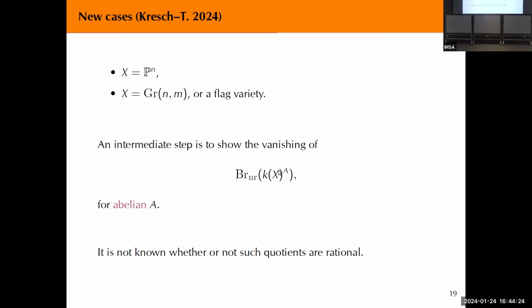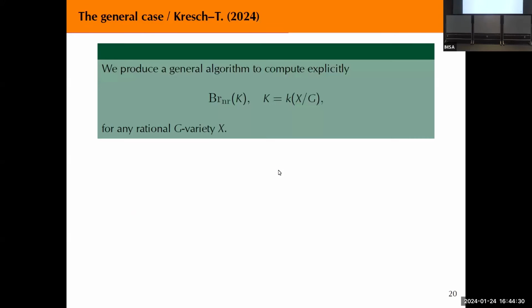I mean, certainly, some of these cases might be accessible to rationality proofs, but I don't know. And so our general algorithm to compute explicitly the unramified Brauer group of the field of invariants, for any rational G variety, including nonlinear actions of G, works like this. What we compute first is actually the Brauer group of the quotient stack.